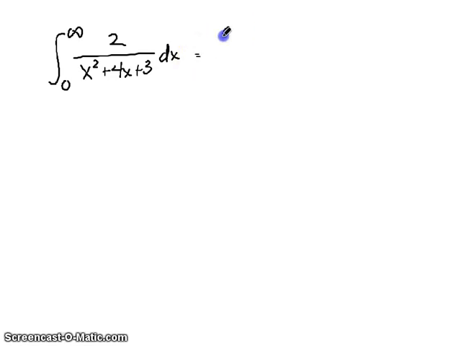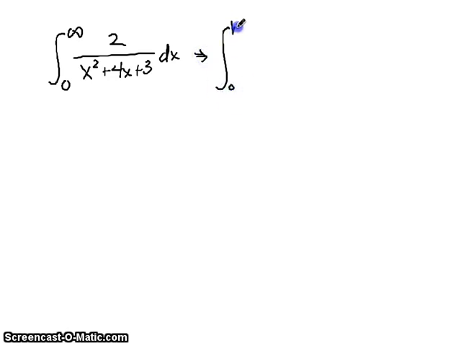We can say, what is the integral from 0 to infinity of 2 over x squared plus 4x plus 3 with respect to x? So the first thing we need to think about is, let's turn that infinity into a b. So I guess we shouldn't do an equal sign. Let's put a little arrow.